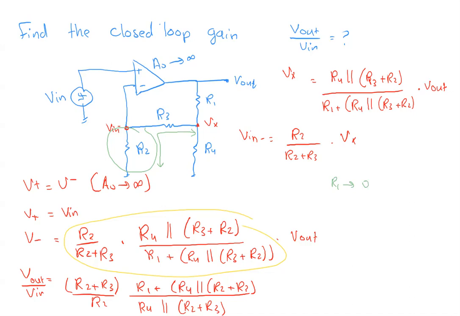So if R1 is equal to 0, we will just have this small circuit. This is R4 and R3, and here R2. Sorry, this is the negative terminal.